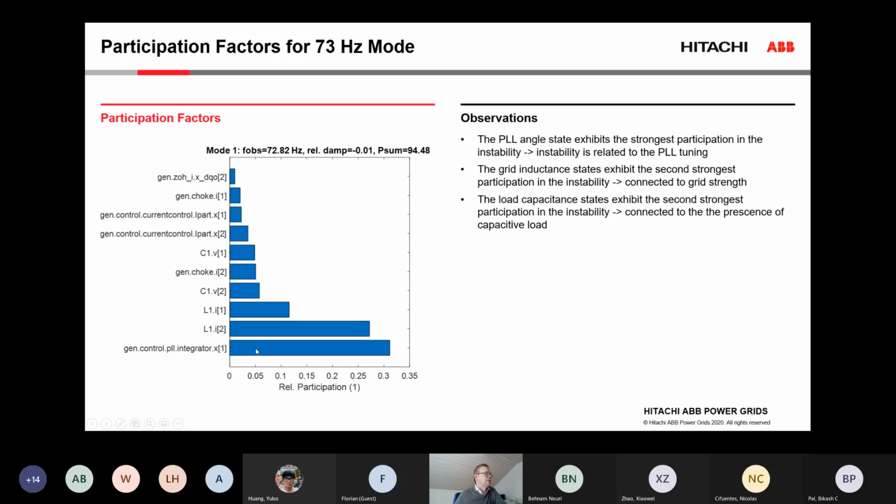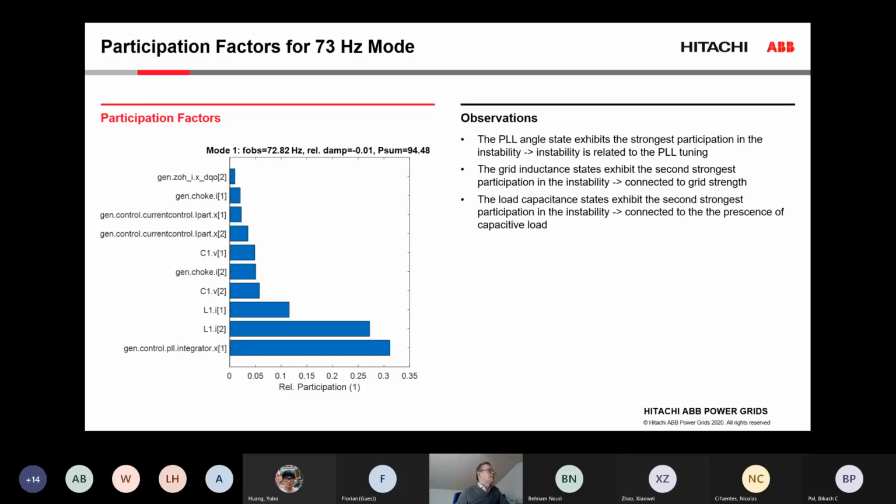You can use that here to figure out that the instability that we saw was related to the PLL integrator, its interaction with the grid inductance, so that's L1, and the capacitive load, the C. And also some participation here from the current control, but it tells you what is the first place to look if you want to improve the stability.